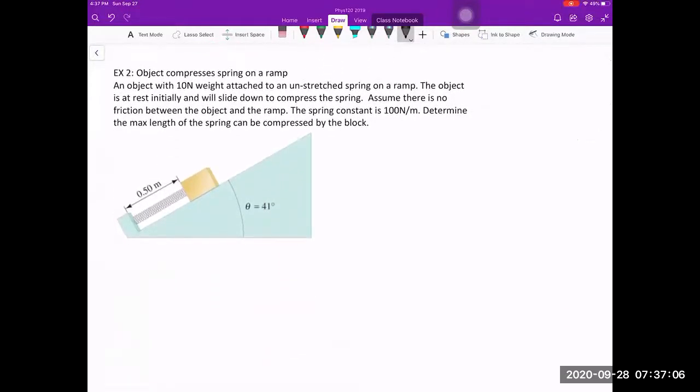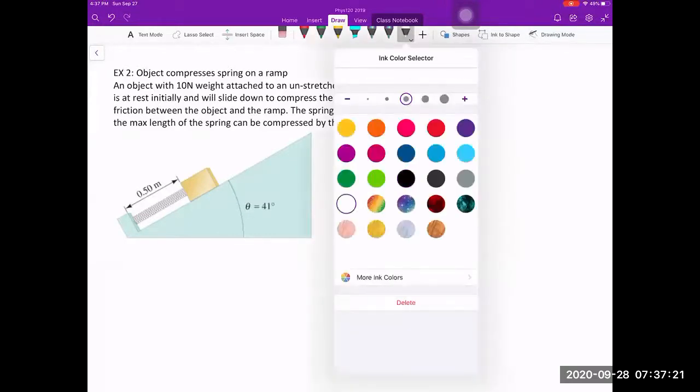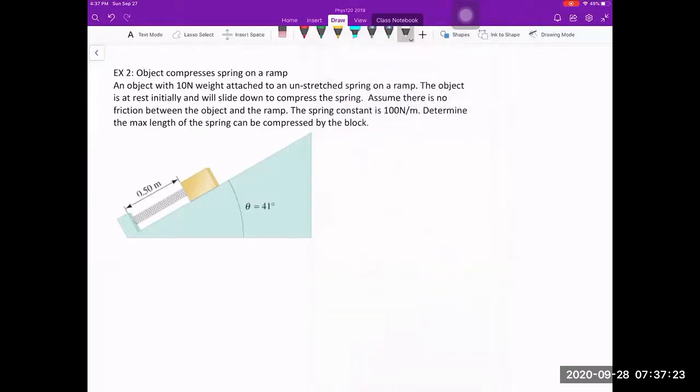Okay, here's the second example. We have an object on a ramp and it is attached to a spring. If we compress the spring, let me just erase some of them. If we compress the spring, we actually try to find out how much this can be compressed.